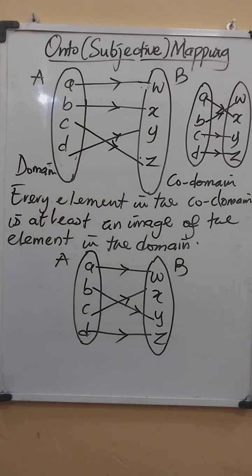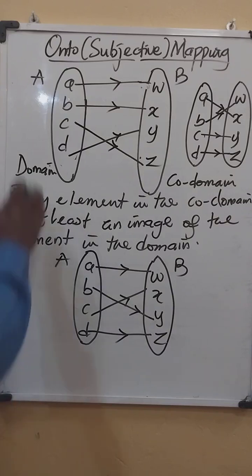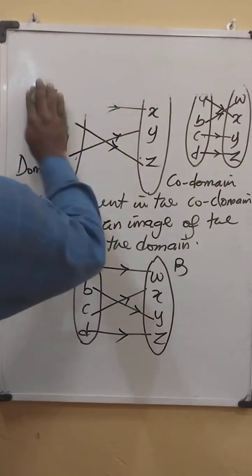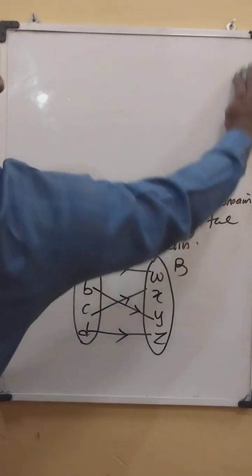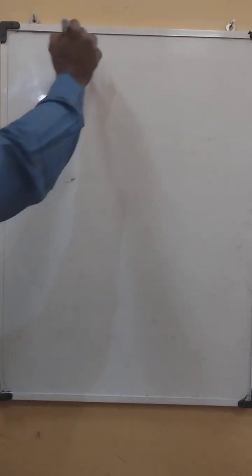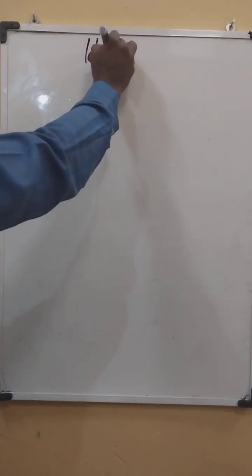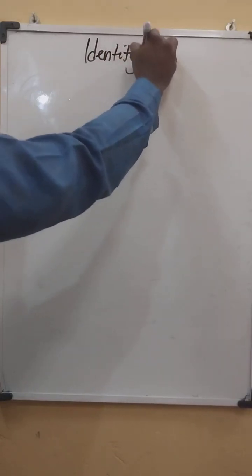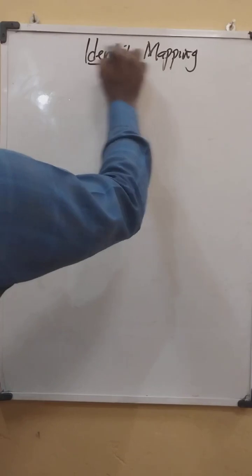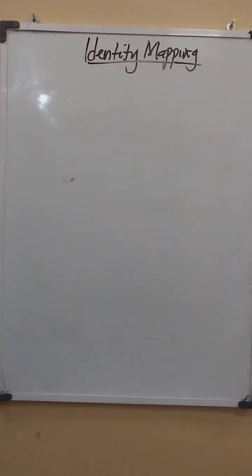The next type of mapping is identity mapping. So I'm taking this one out now. I will now talk about identity mapping.